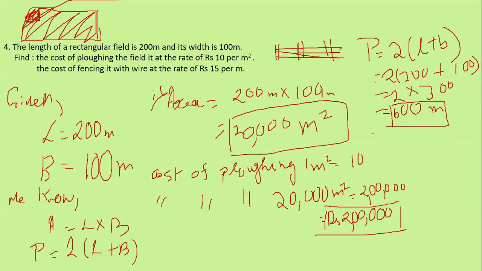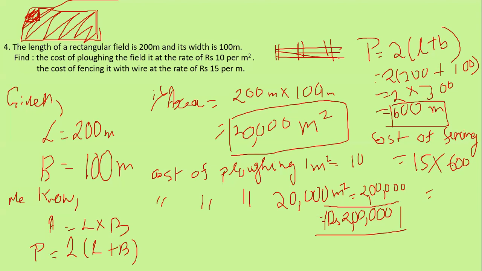So therefore the cost of fencing is equals to 15 per meter. तो 1 मीटर का वैल्यू 15 है, तो 600 मीटर का वैल्यू will be 15 into 600, right? Simple unitary method.